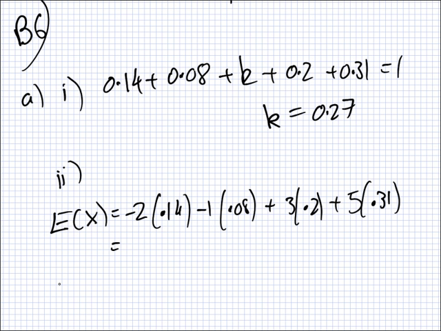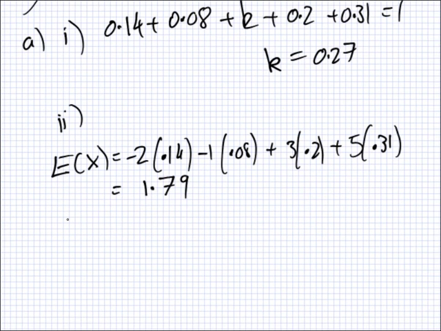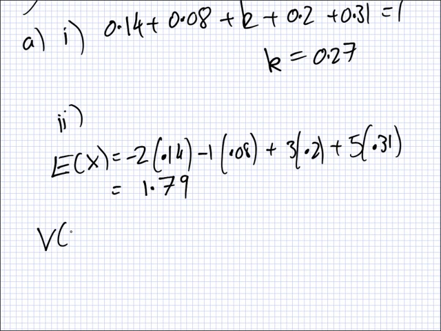No calculator? No. 1.79? Okay. The next thing we need is the variance. And the variance is expected value of x squared minus the square of the expected value of x.